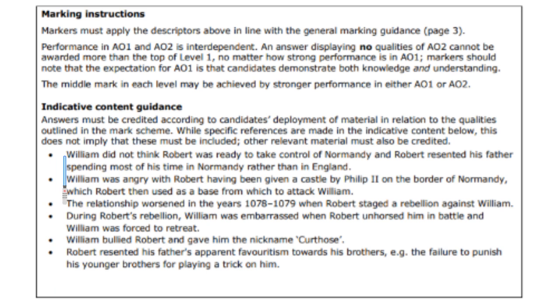However, as it clearly states, they don't have to be used as long as any information you do use is absolutely relevant to the question. Okay, so these 6 bullet points here can be organized into paragraphs, expanded further, etc. But if you do have anything else that is relevant to the question, then you can put that in and it will be given a mark.